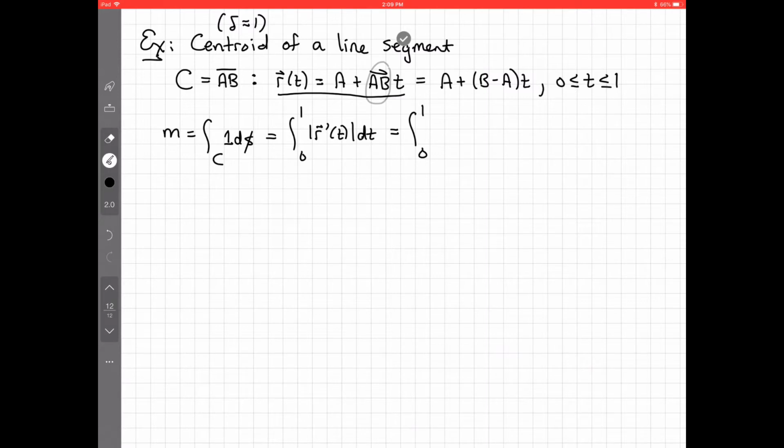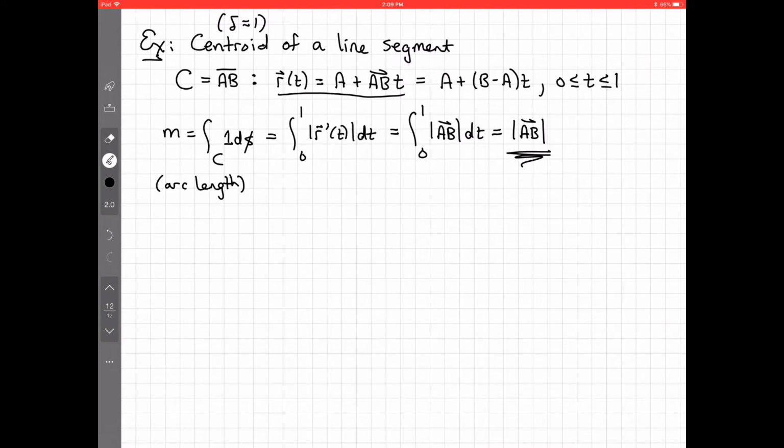So all we end up with is the length of the vector AB dt, integrating from 0 to 1. Keep in mind, even though it looks more complicated, the length of AB is just a number, and integrating a number from 0 to 1, you just end up getting itself. So the arc length for our line segment here is exactly what you would think. It's the distance between A and B.